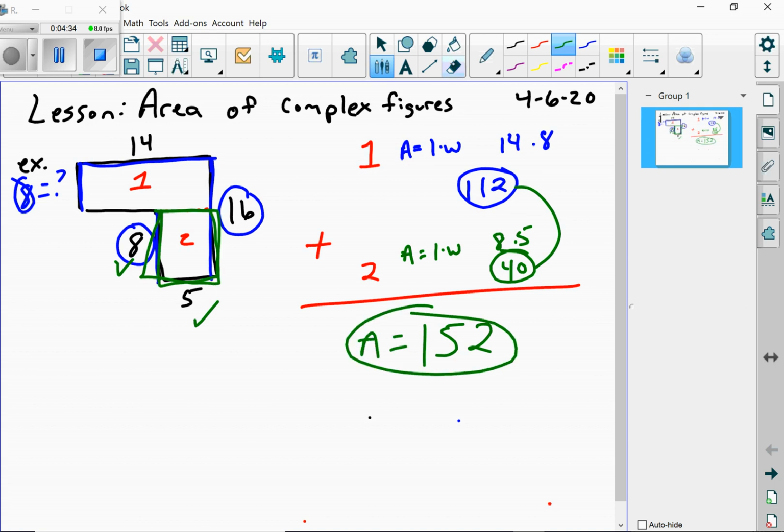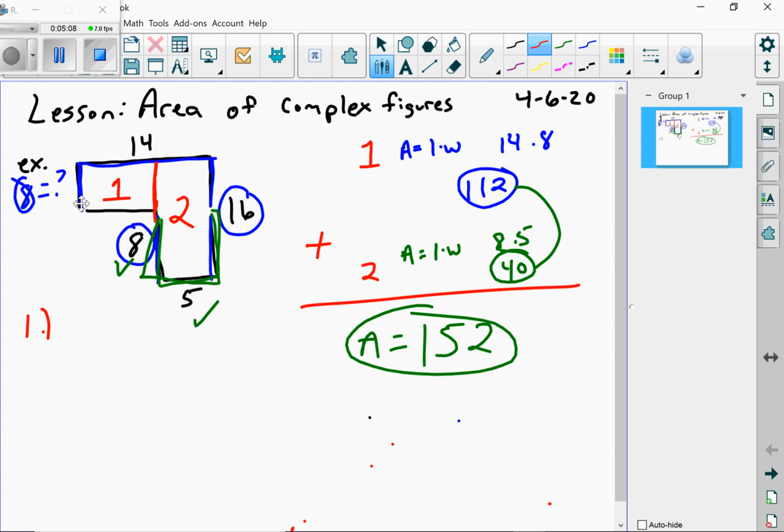A couple things you could have done differently. In the beginning, we could have cut this maybe some of y'all wanted to cut it this way. You have rectangle 1 here and rectangle 2 here. That's your choice. It'll work out the same. You can get the answers that way. I believe my numbers here on number 1, if you're looking ahead, would have to get an 8 on this side.